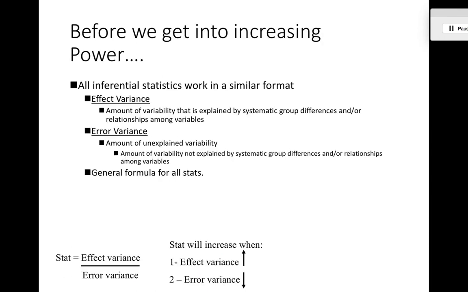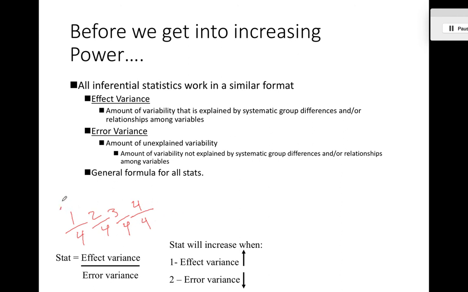Okay, so when we think about how statistics work in terms of fractions, in terms of our numbers, the lower the error variance, the larger the stat. So the larger the effect, the lower the error, the larger the stat. Think of an example like 1 divided by 4, 2 divided by 4, 3 divided by 4, and 4 divided by 4. You'll notice that in every single one of those instances, we have our number increasing in the numerator and our denominator remains constant.